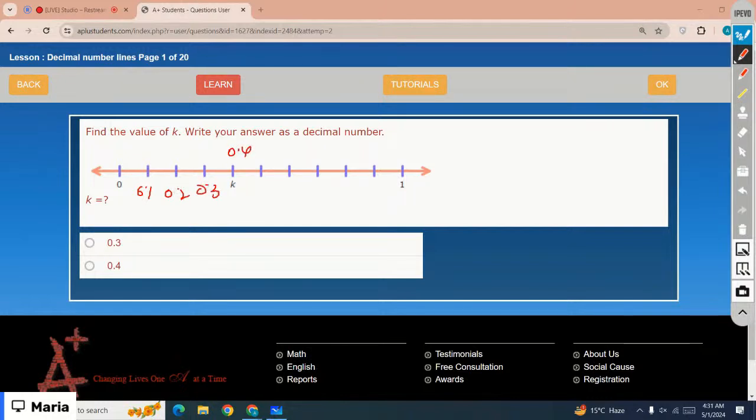So k is 0.4. The correct option is 0.4, right?